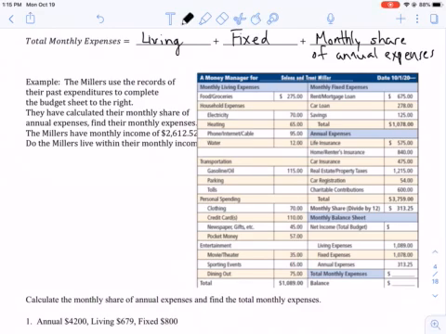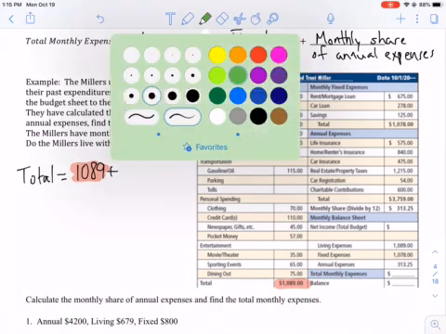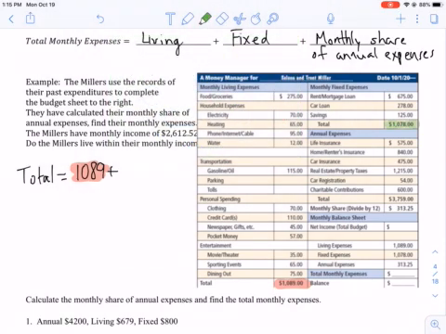So to find our total, that's going to be our living, which if you notice, they've totaled up down here, $1,089, plus their fixed, so there's the living, their fixed, $1,078, plus their annual.